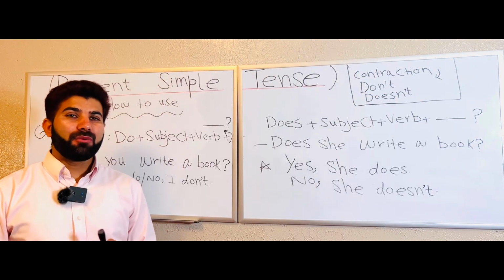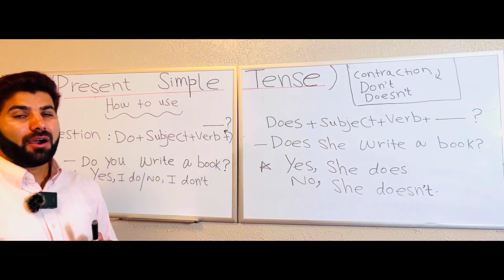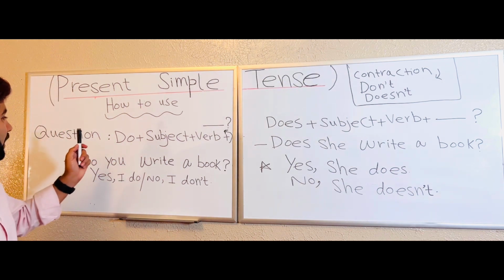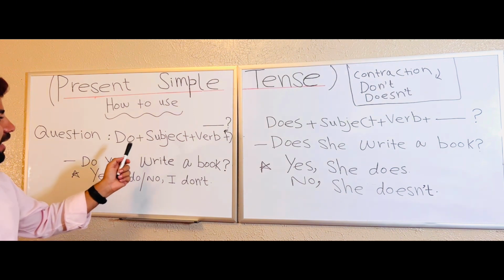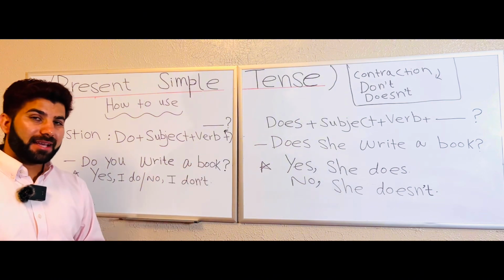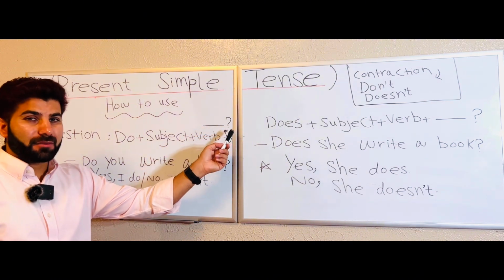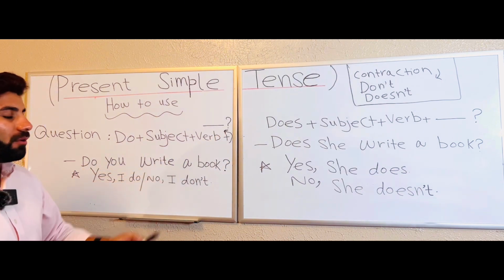All right, so now we are going to learn how to make a question sentence in the present simple tense. The structure is we bring do at the beginning of the sentence, and then we put the subject and then the verb. If there is some extra information after the verb, we add that and then a question mark. For example, do you write a book?